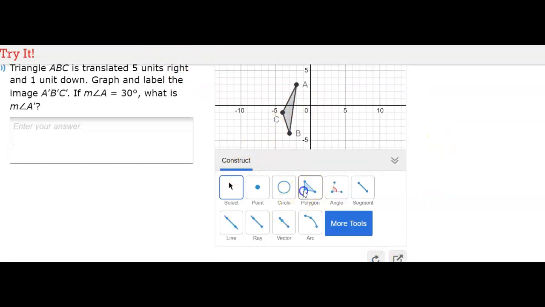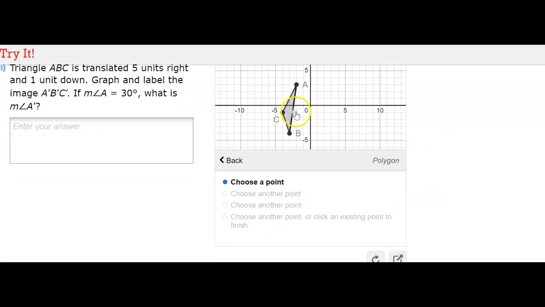Okay, let's start with that again. So 1, 2, 3, 4, 5 to the right and 1 down. Then this one the same, 1, 2, 3, 4, 5, and then down. And then this point, 1, 2, 3, 4, 5, and then down 1. So there it is.